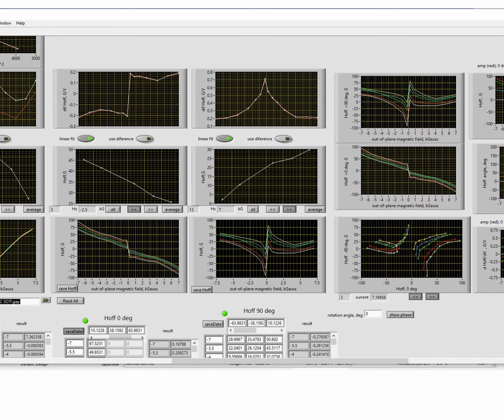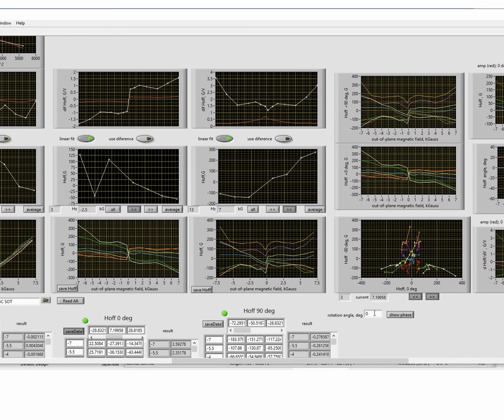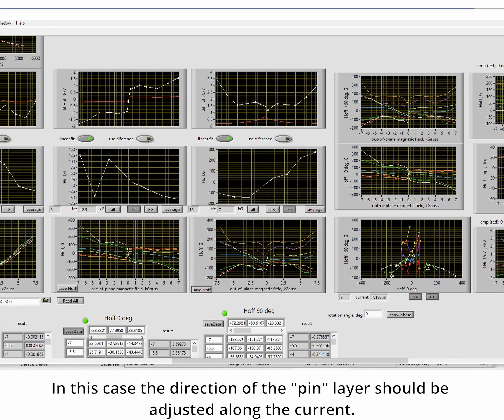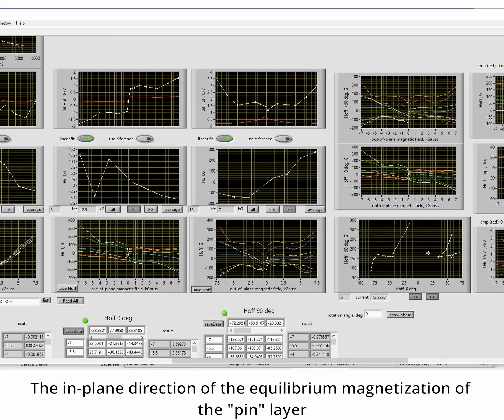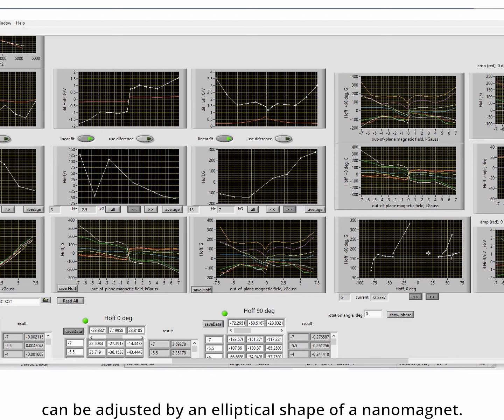So let's load it. In this case, the direction of the pin layer should be adjusted along the current. The in-plane direction of equilibrium magnetization of the pin layer can be adjusted by the elliptical shape of the nanomagnet.